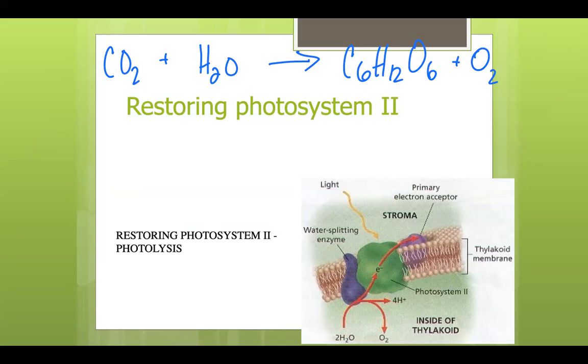The overall equation for photosynthesis is CO2 plus H2O yields, let's just use glucose as a representation of organic compounds, and oxygen. So far, we haven't seen where any of the reactants are used. We also haven't seen where the products are produced yet. That's okay, we'll get there.